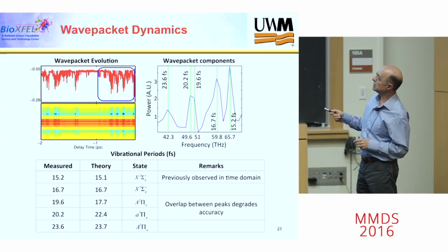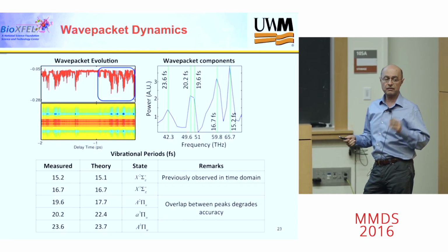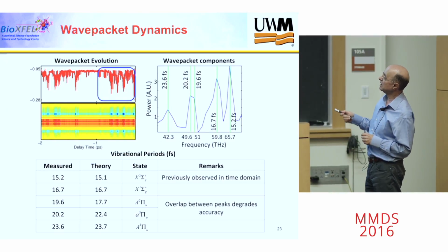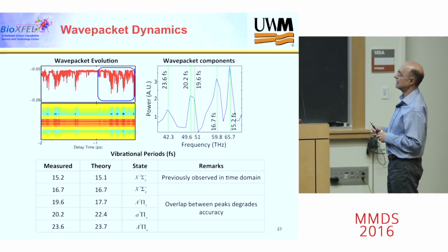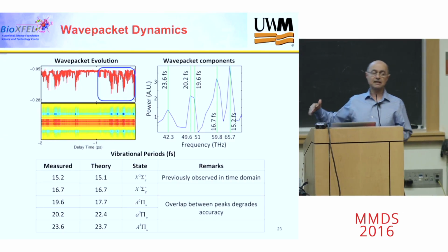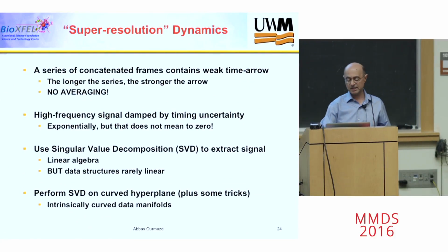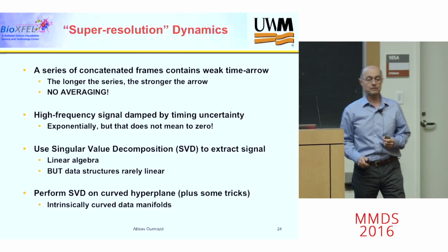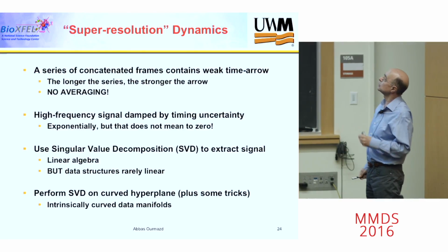And I'd like to show you what we measured in the presence of 300 femtoseconds of timing inaccuracy. This is the measured period, and this is what was theoretically calculated afterwards. And it turns out that we are able to see 1 femtosecond timing data in the presence of about 300 times more timing uncertainty. Now, how does that work?